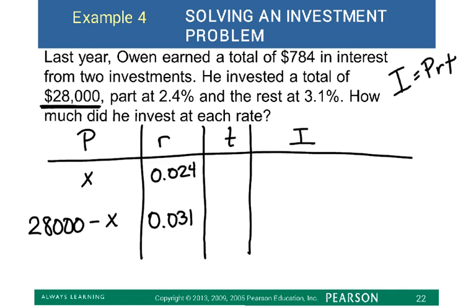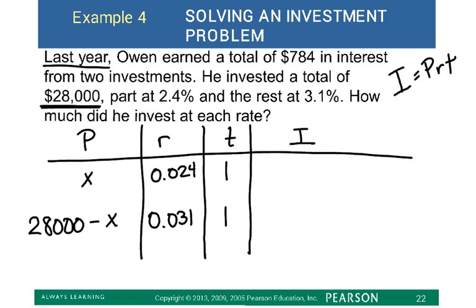If this doesn't make sense to you, let me know in person and we'll go over some more. And then it says in the problem that it says last year. So this whole time that has passed is just a single year. So that's what goes in time, is 1 year.